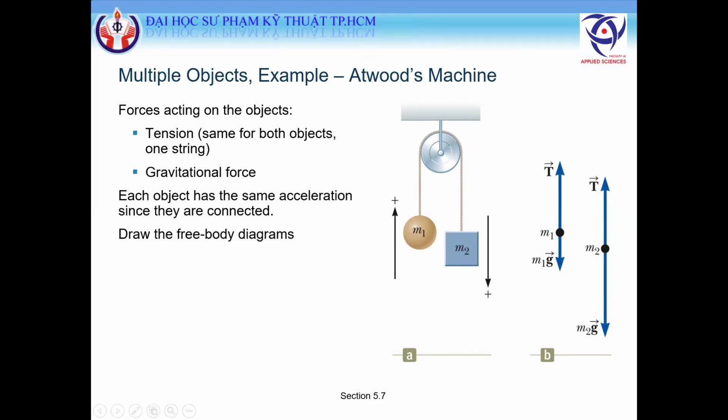Okay, and you see here, normally we have two dimensions, right? But in this case, the objects move vertically, so we need only one axis. But we have two different positive directions, right? For M1, because M1 moves up, the positive direction is upwards, and for M2, the positive direction is downwards, right?